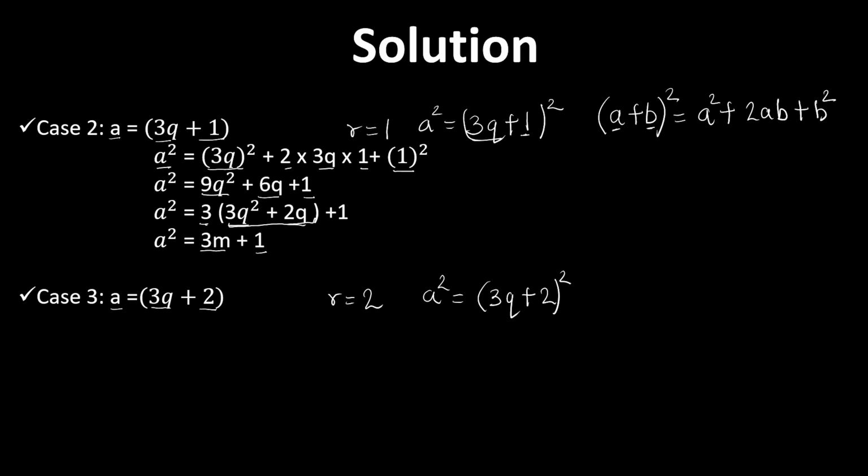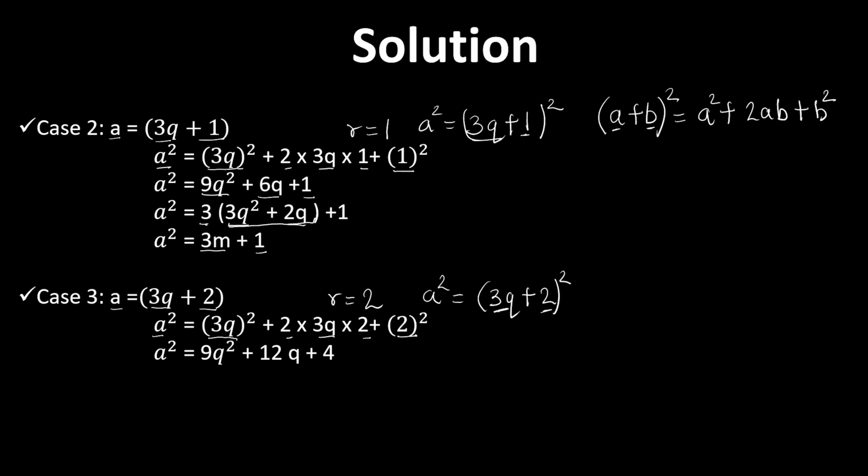Here, a is 3q and b is 2. On expanding, we obtain a square equals 3q whole square plus 2 into 3q into 2 plus 2 whole square. On simplifying, 3q whole square gives 9q square, 2 into 3q into 2 gives 12q, and 2 whole square gives 4.